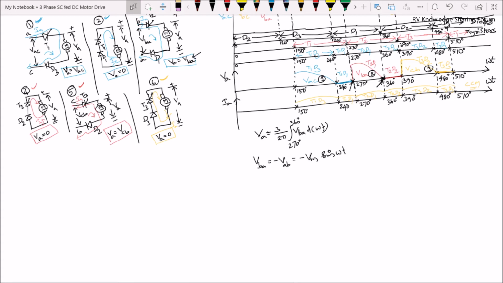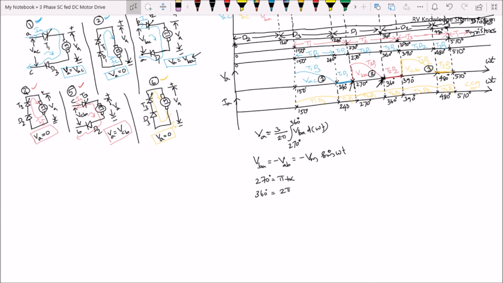And this 270 can be written as pi plus alpha, right? Pi is nothing but 180 and we have considered the firing angle as 90 degrees. So 180 plus 90 becomes 270. And this 360 degrees can be written as 2 pi.